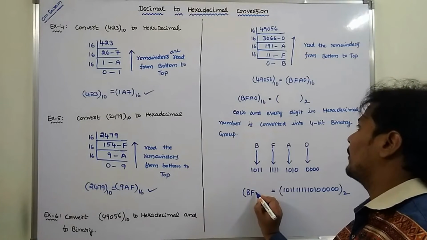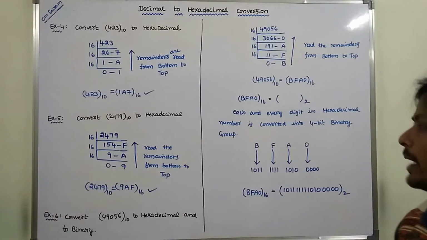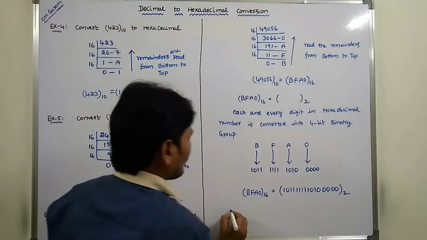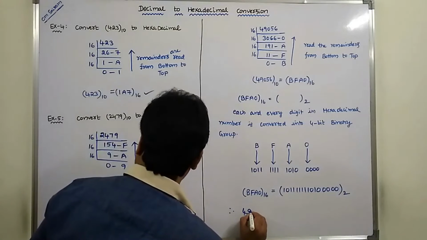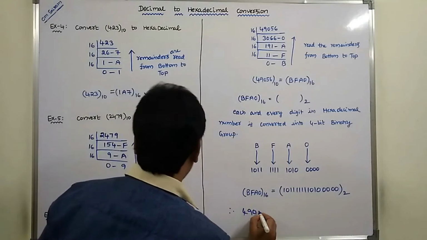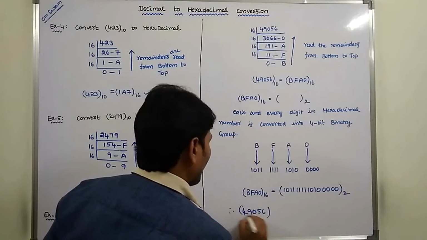BFA0 base 16. Okay, so now the conclusion is, the given decimal number is 49056 base 10.